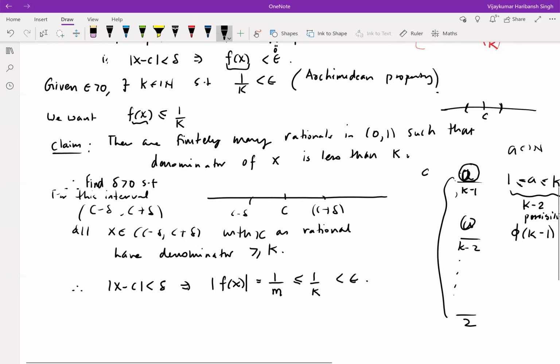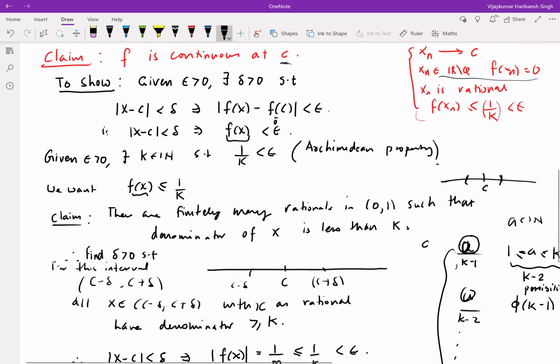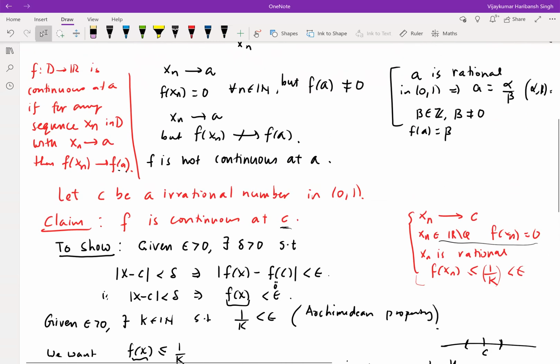So you have proved that f is continuous on any irrational in (0, 1). There are a few caveats here which were not proved, which are not written properly.